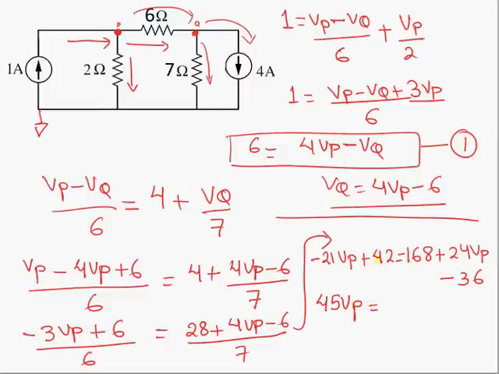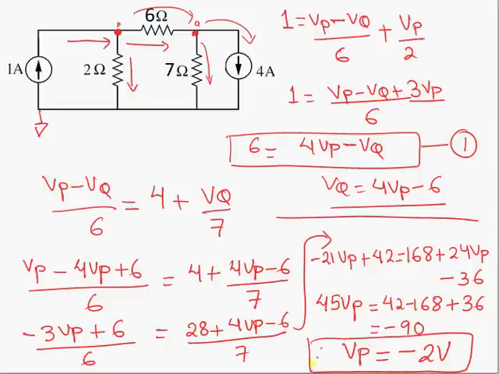So I have 42 minus 168 plus 36. This gives me a total of minus 90. Therefore Vp equals minus 2 volts.